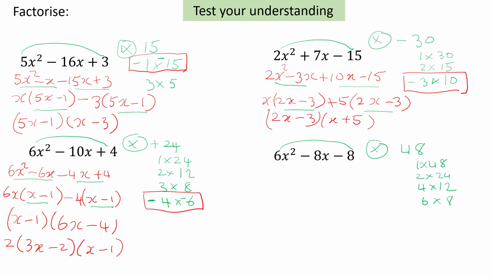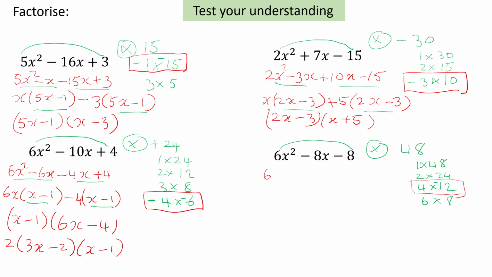If you multiply two numbers to get 48 and add two numbers to get negative 8: negative 12 and positive 4. If you add positive 4 and negative 12, you get negative 8. Multiply 4 times negative 12, negative 48. So this is a suitable factor pair.